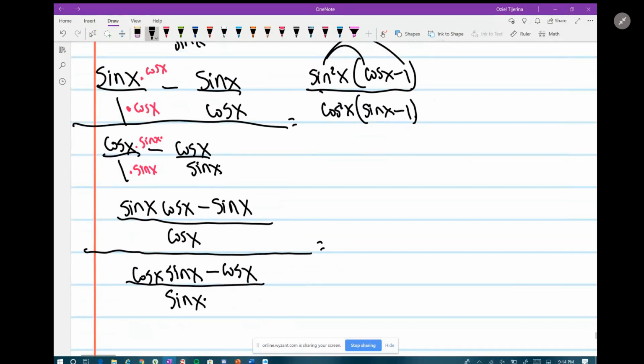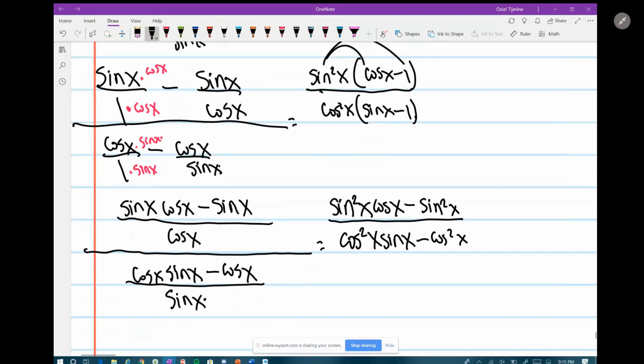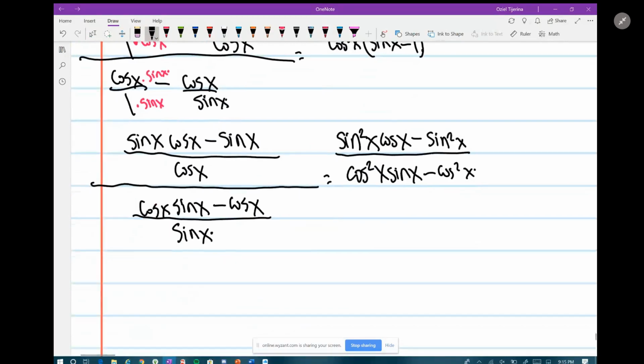Then we're going to distribute this part. So then we have sine squared of x cosine of x minus sine squared of x over cosine squared of x sine of x minus cosine squared of x. And then this is what you have after.